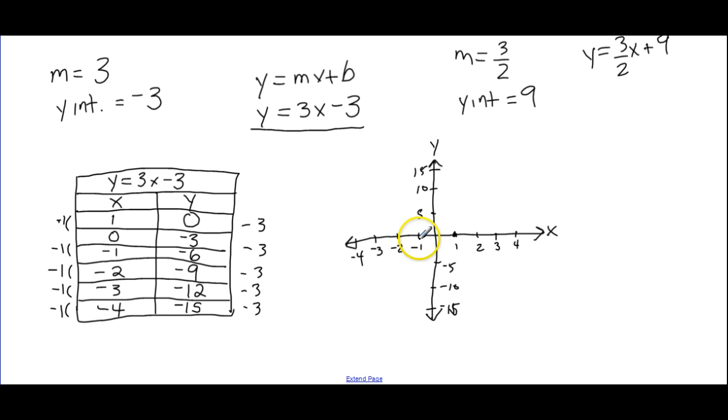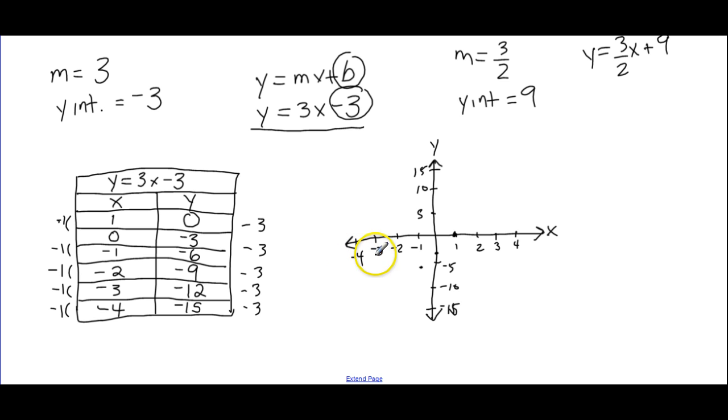When x is 0, y is -3. So it's about right there. So right off, by looking at this, I know that this is going to be my y-intercept. In my y equals mx + b formula, this b right here needs to be -3. And it is. When I graph it, it's -3. X is -1, y is -6, which is about right there.